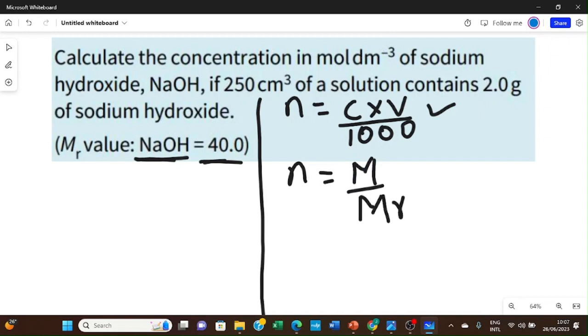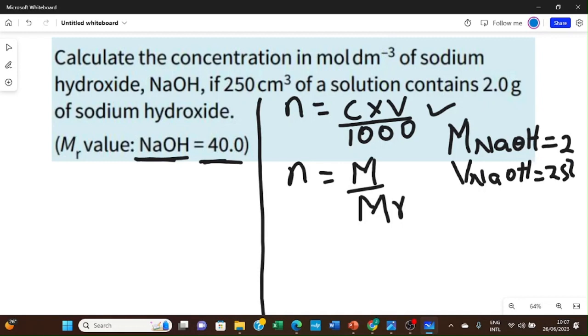So the first thing we're going to do is look at the values we are given. They give us the mass of sodium hydroxide, which is 2. They give us the volume, which is 250. And we have the molar mass of sodium hydroxide, which is 40.